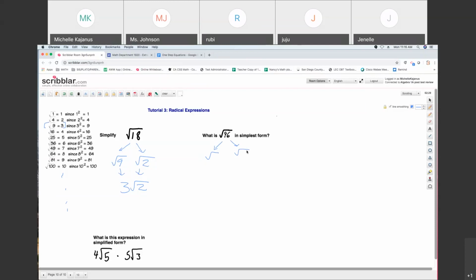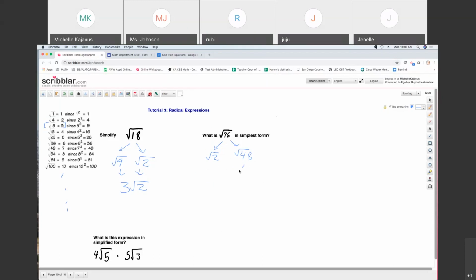This is how it is explained in your tutorial. 96 ends in an even number, so I know that it is divisible by 2, so it's going to be 2 and something. I'll go in my calculator: 96 divided by 2 is 48. So 2 times 48. I know that 2 cannot be simplified anymore.